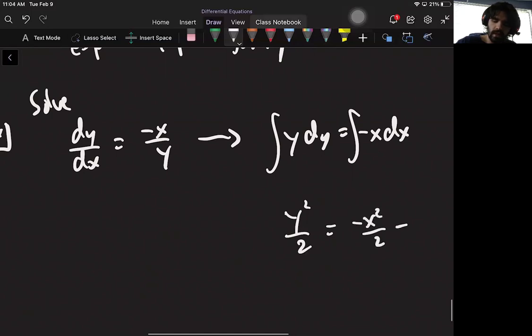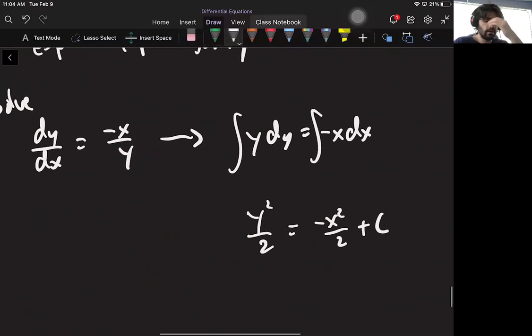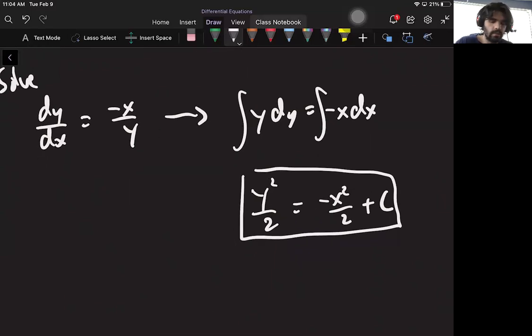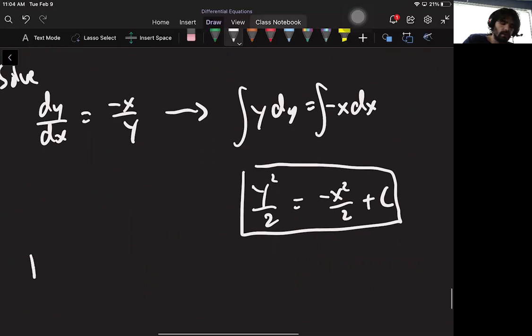So I always like to add the plus c to the right side, but you could always add it to the left if you want instead. That's fine. Okay, so this solution is always nice if you can identify what kind of thing this is. And it's actually something you know, but it's hard to tell unless you play this renaming constants trick. So let's do that.